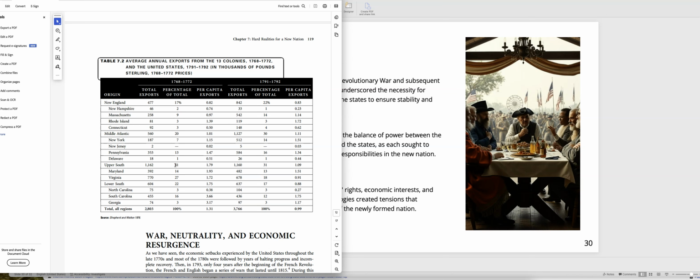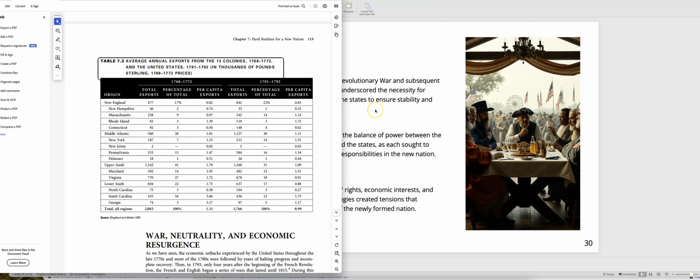Because now they've got exports that are getting a little bit smaller because they don't have that good symbiotic relationship with England anymore. Who gained? The northern colonies and the middle colonies. So basically, by fighting the Revolutionary War, the northern and the middle colonies were able to gain somewhat of an economic advantage over the South.